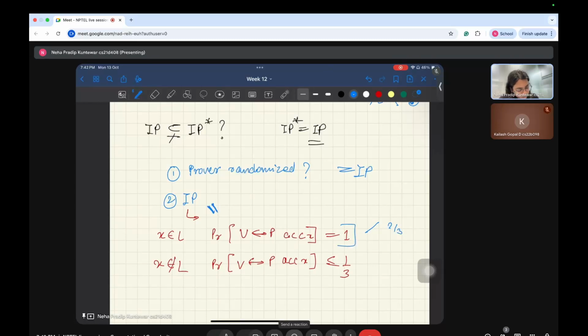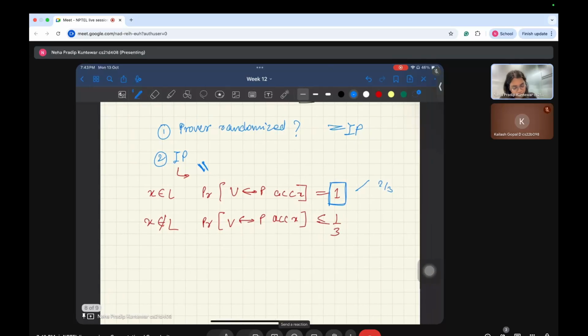So it turns out that this also does not add any power to the model. This definition is similar to the one-sided error definition of the complexity classes, the RP and so on, that we saw. Yeah, there are several other questions that one can think of in the definition of IP.